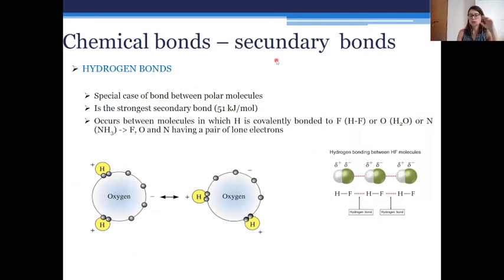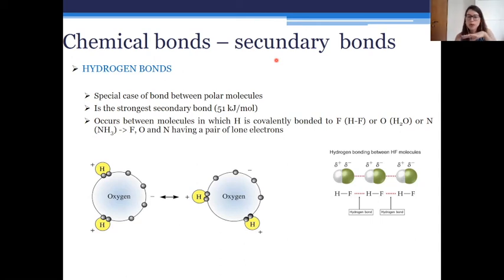So let's have a look at hydrogen bonds. Hydrogen bonds are a special case of a bond between polar molecules, and they are the strongest secondary bond. So their energy is about 50 kilojoules per mole, and it occurs between molecules in which hydrogen is covalently bonded either to fluorine, to oxygen, or to nitrogen. And so fluorine, oxygen, and nitrogen have a pair of lone electrons.